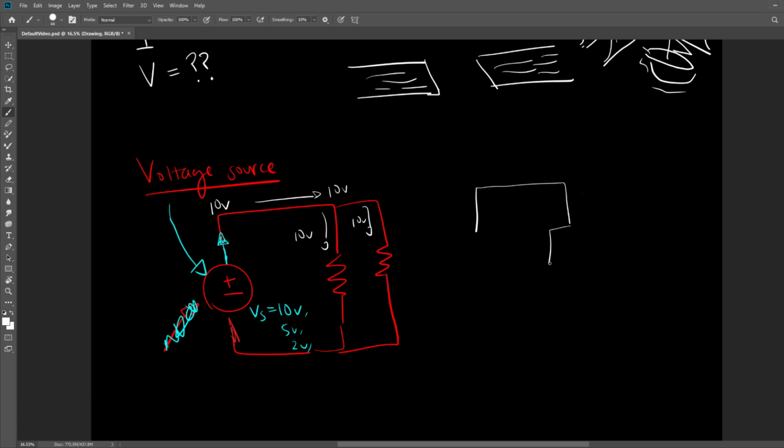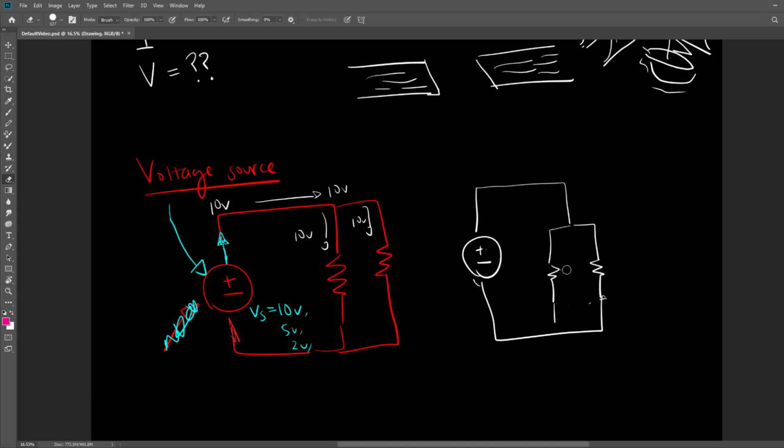So if I imagine I had a circuit that looks like this, or looks more like this, then current would actually be different across resistor 1 and resistor 2, because if you think of it in terms of electrons, the amount can be diverted, but the energy can't.